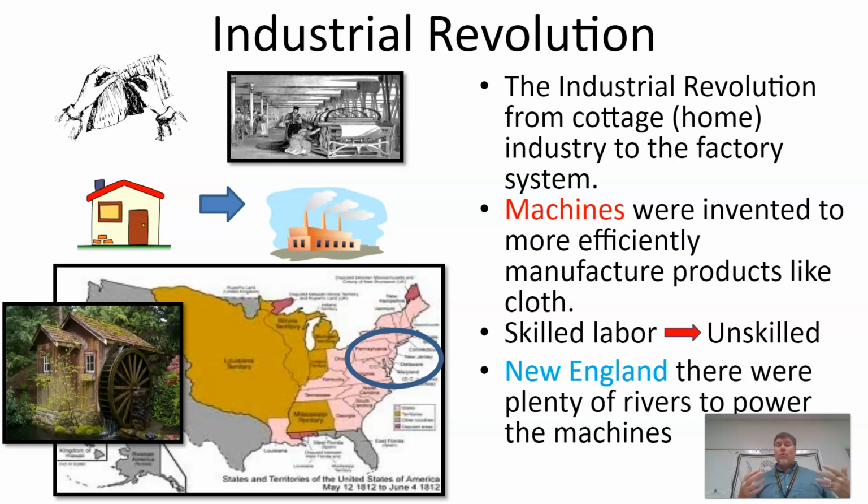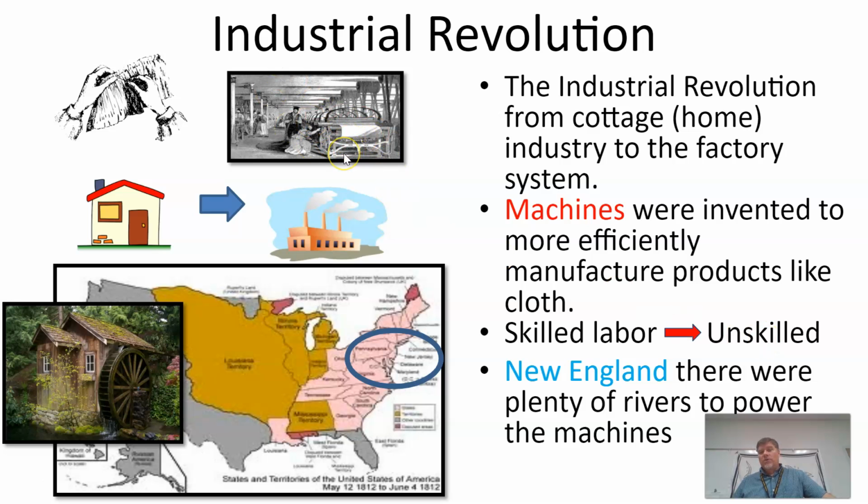And then we have a change in where people are working. Before you're working in the home, now you're working in the factory. Which of those is better? Well, for your quality of life, often working in the factory is not a great place to work. And the other thing we're noticing here is that we go from skilled labor to unskilled labor. In factory work, you do not have to have the skill.